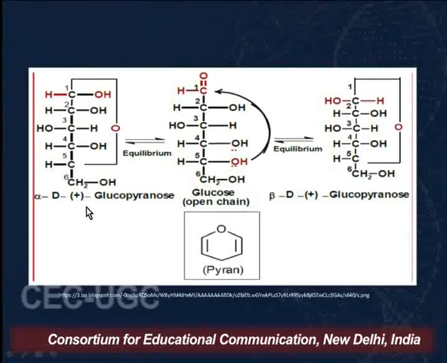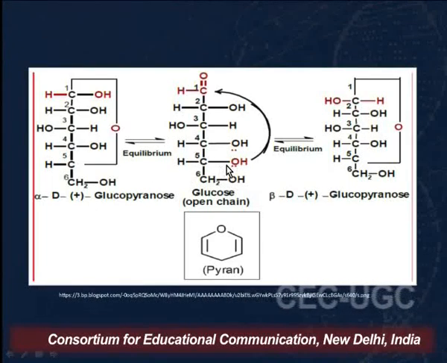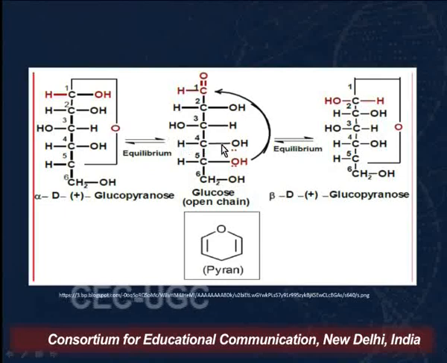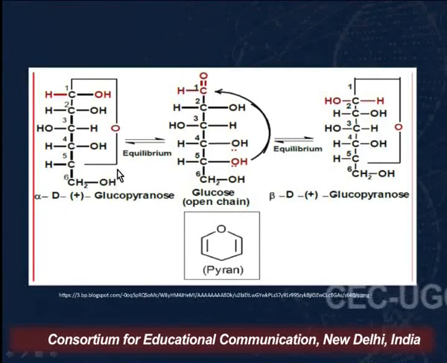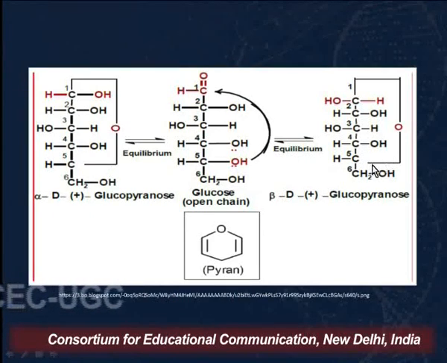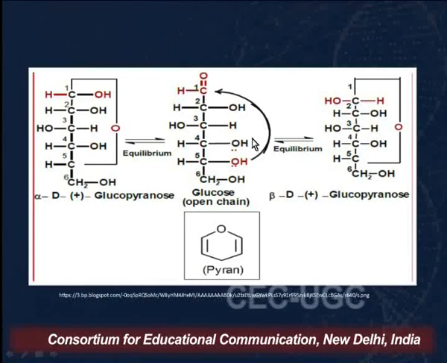Why are we calling it D? Because the OH on the highest numbered asymmetric carbon is on the right hand side. And these three forms are in dynamic equilibrium, in which the concentration of alpha form is 36%, that of beta form is 64%, and the open chain structure is less than 1%.